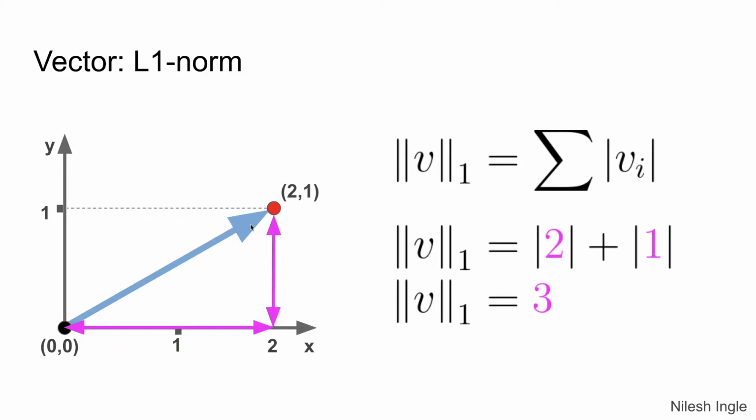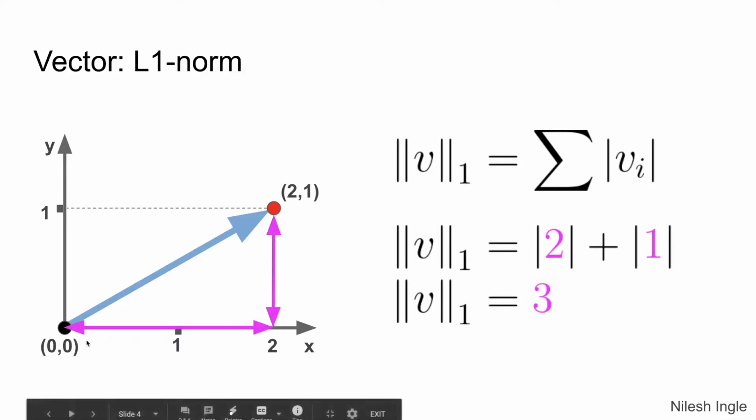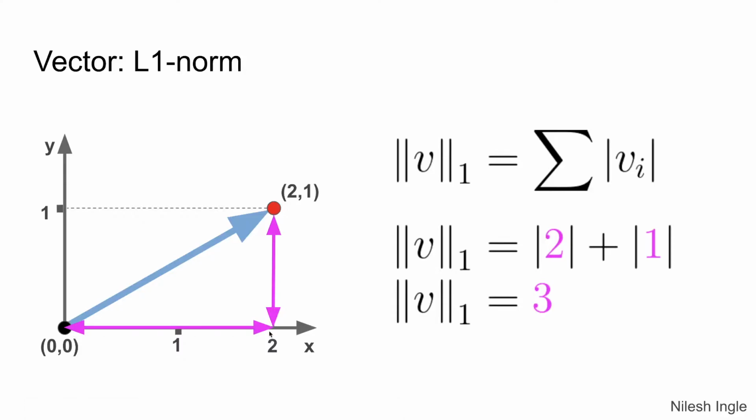In addition to that, we can know the magnitude by calculating the norm. Here we are calculating the L1 norm, and for that we simply add these distances. On the x-axis it measures 2, and on the y-axis it measures 1. So absolute of 2 plus absolute of 1, we have 3. That's the L1 norm.